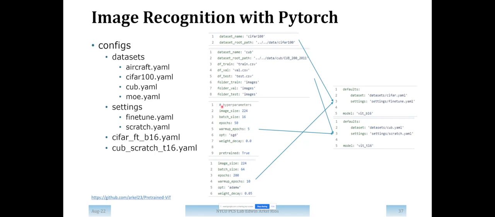Also other things like the particular settings of the network that I'm training, like the image size, and other parameters that are very important for deep learning training, like the batch size and the number of epochs. Epochs means how many times I'm going to go through the dataset to train my network.